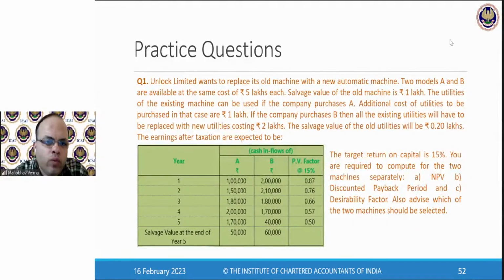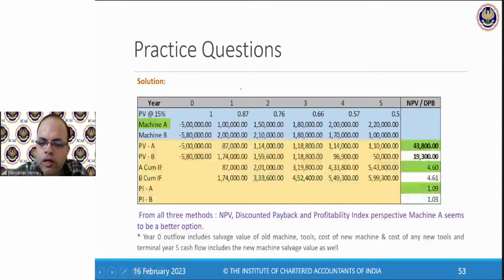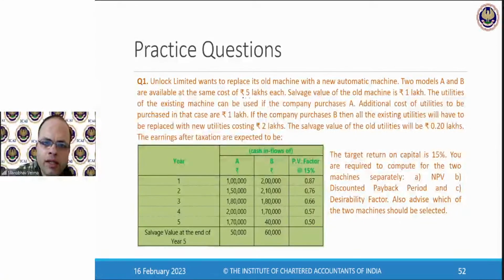So Unlock Limited wants to replace its old machine with a new automatic machine. Two models, A and B, are available at the same cost of 5 lakhs each. The salvage value of the old machine is 1 lakh.